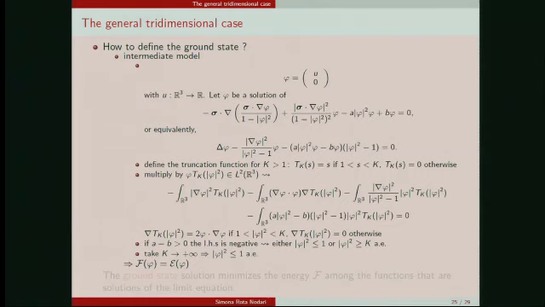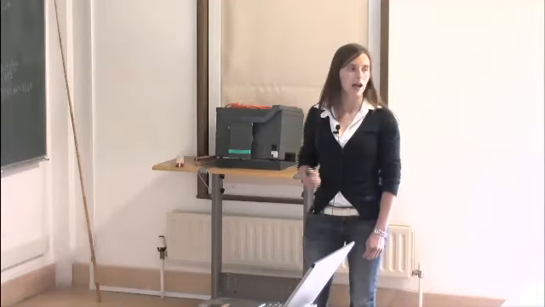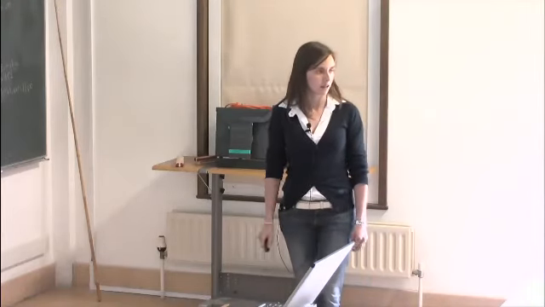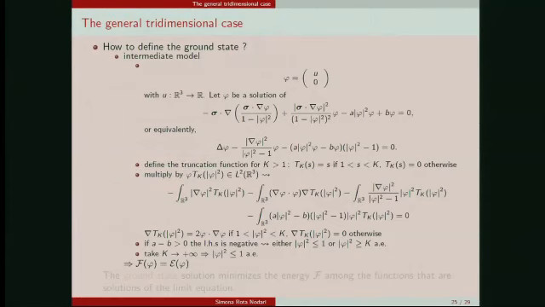Suppose that phi has this form here, where U is a real function, not necessarily radial. And suppose that phi is a solution of the non-relativistic limit. Then phi is a solution of this equation here.